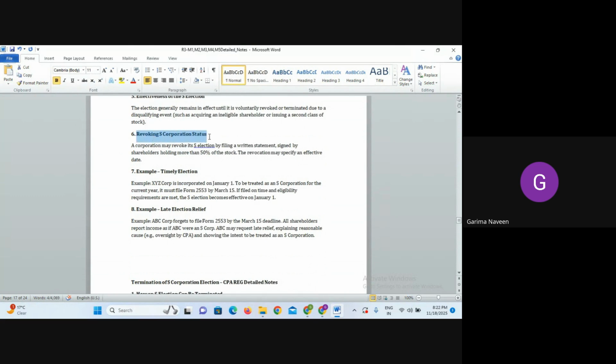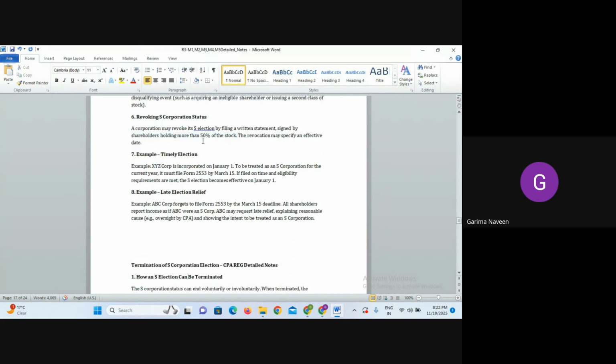So if you want to revoke your status, as I told you, you can again do the election, but in this case, you only require more than 50% of the consent, not 100%.